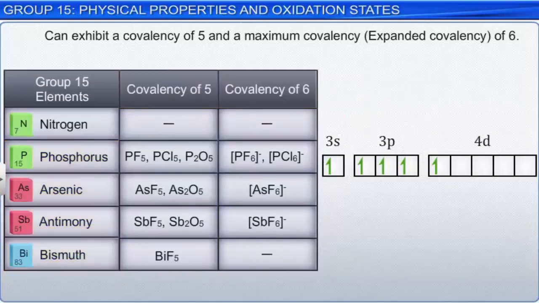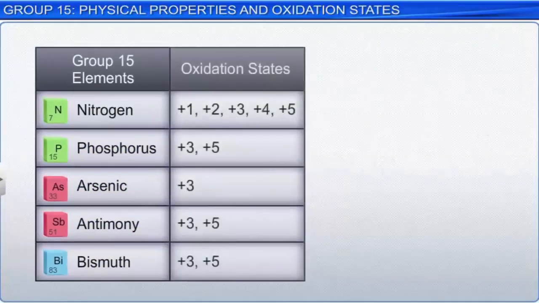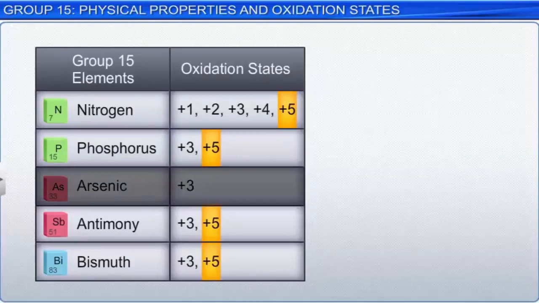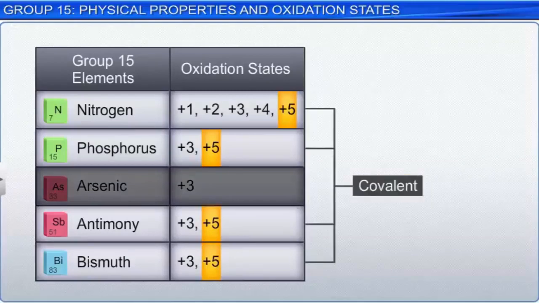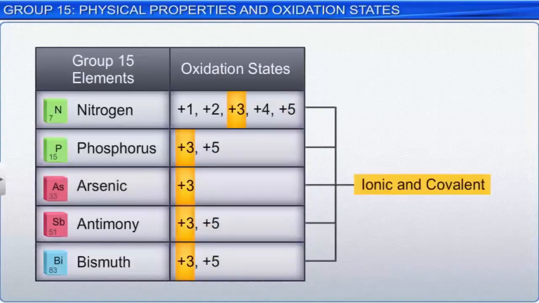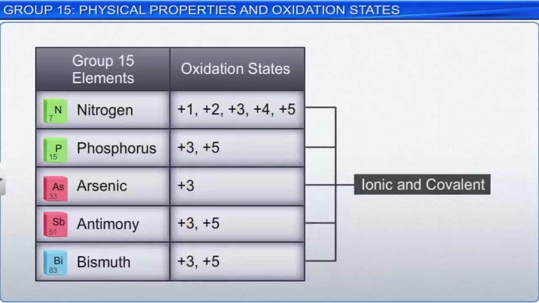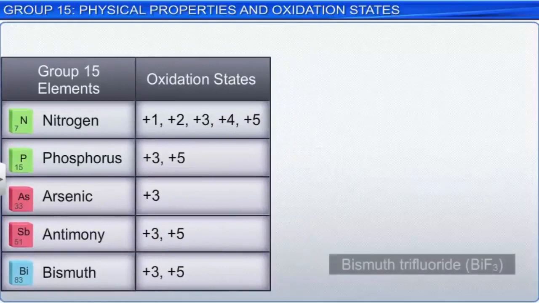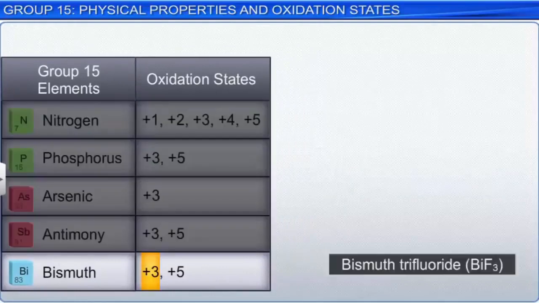All the compounds of group 15 elements, which exhibit a +5 oxidation state, are covalent. However, in case of +3 oxidation state, both ionic and covalent compounds are formed. For example, bismuth trifluoride and antimony trifluoride are examples of ionic compounds.